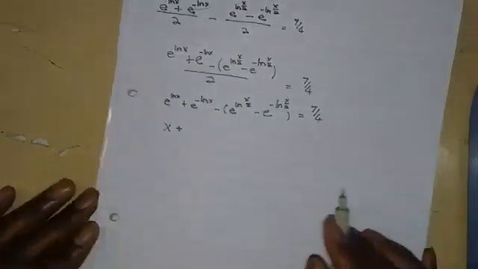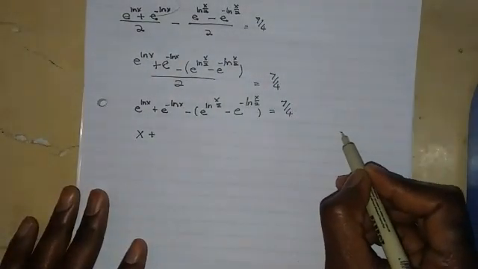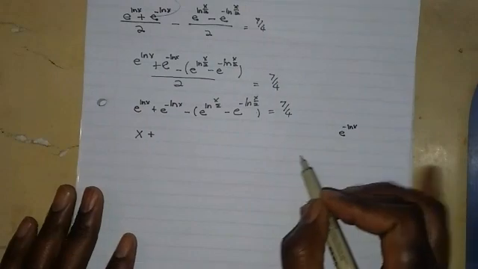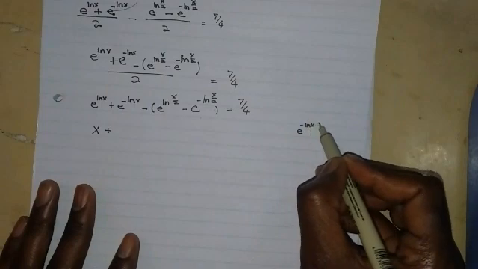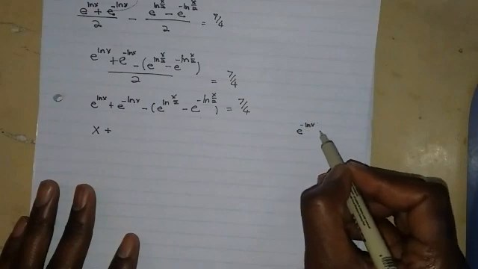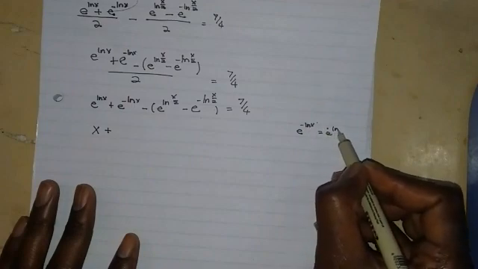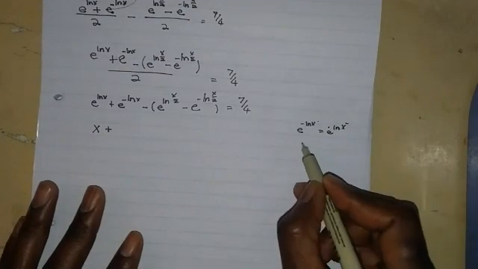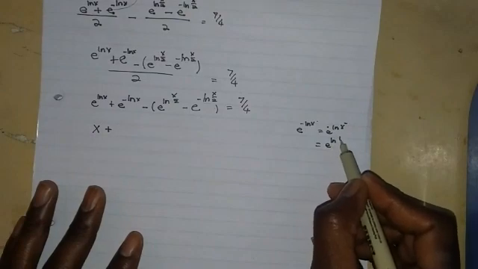Now let's look at this thing. Let's take this one on the side. It will be e to the negative ln of x. But the logarithmic rule says that we can take the negative inside to make it a power. So it will be e to the ln of x to the negative 1, which is e to the ln of 1 over x.